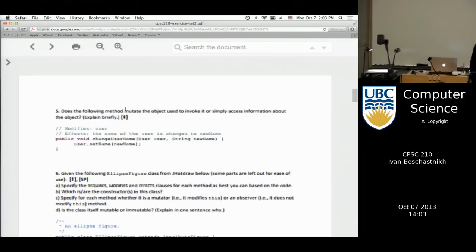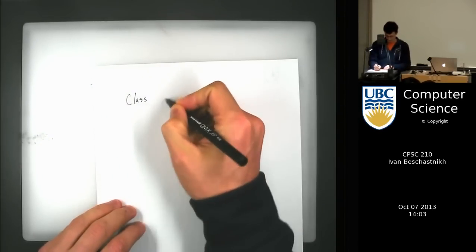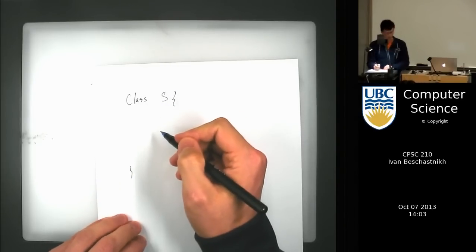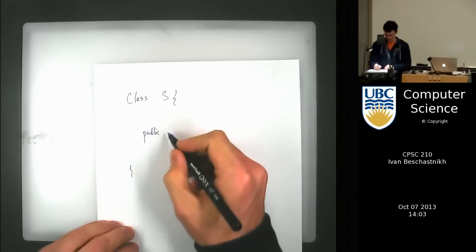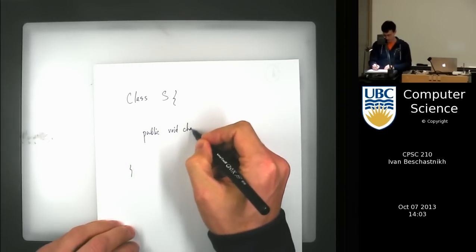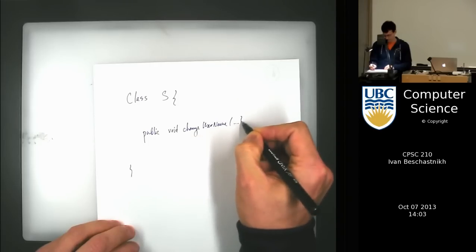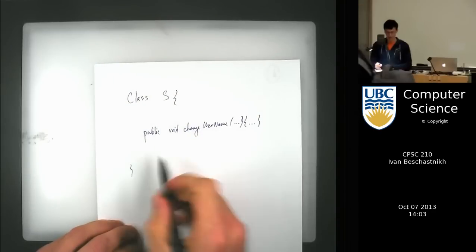No, it's not the parameter. If I have some class, and I have some method inside of it, public void changeUsername, with some arguments and some implementation, then this is a class S that contains this method.